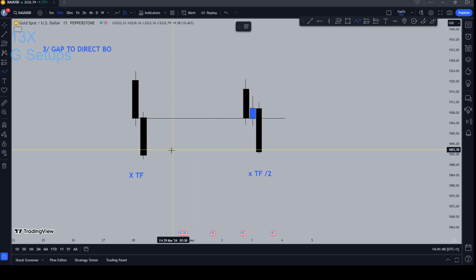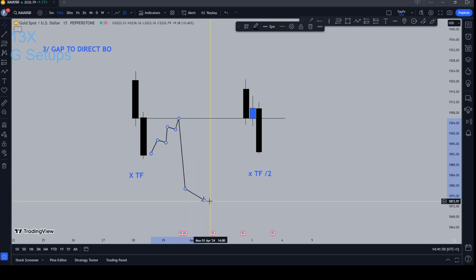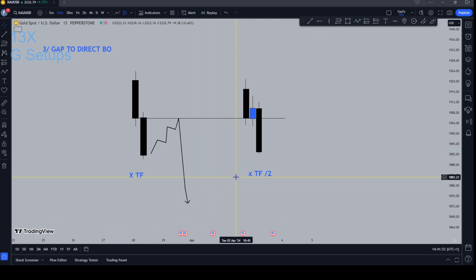Price will visit that level and continue its bearish move, its big aggressive move. Same thing here: price will go up to the level that got created, a direct breakout, and continue its aggressive move down.